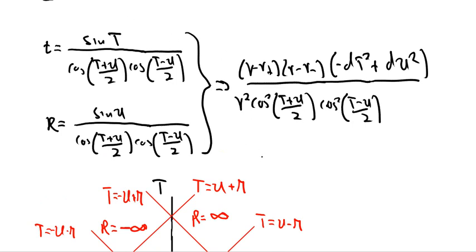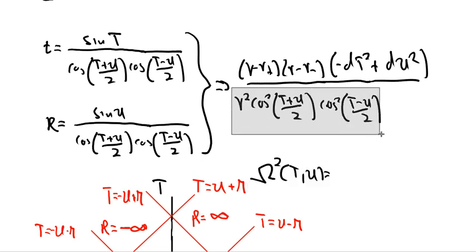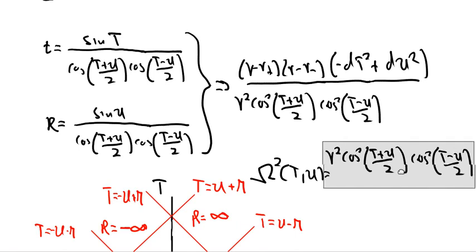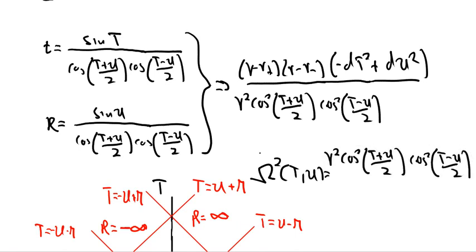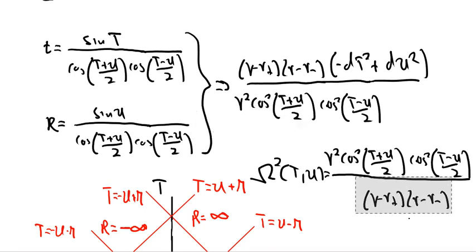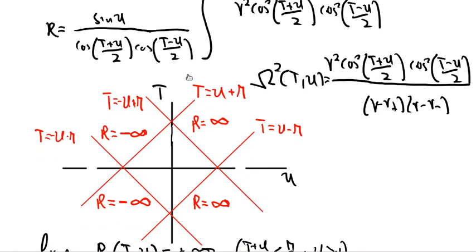I forgot to mention that one can define the conformal factor in the usual fashion, as we always do, with the numerator and the denominator here. So we have the usual definition of the conformal factor.